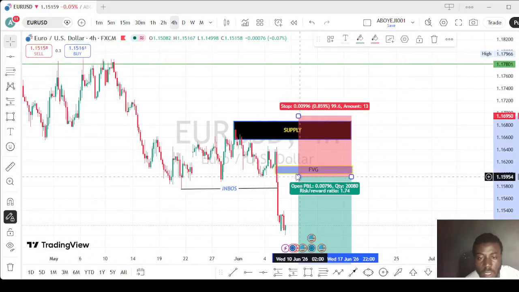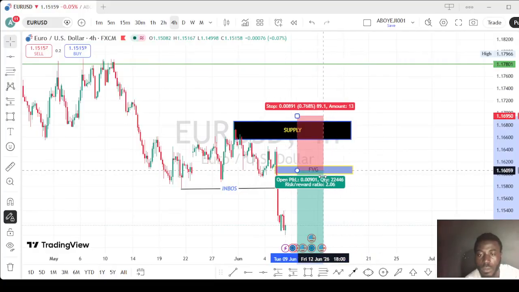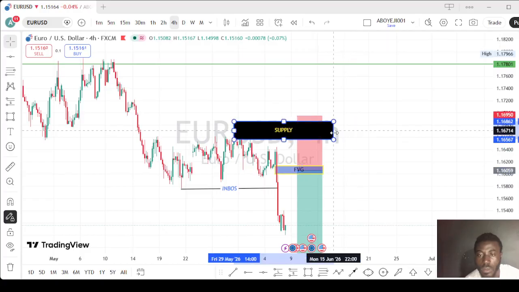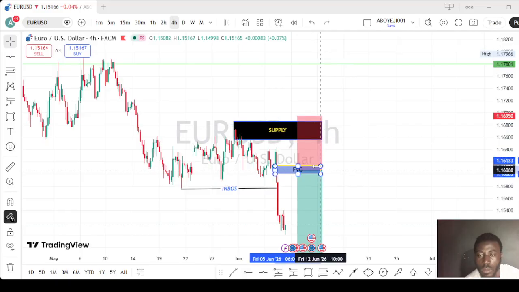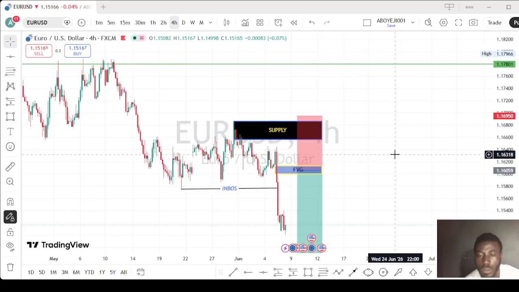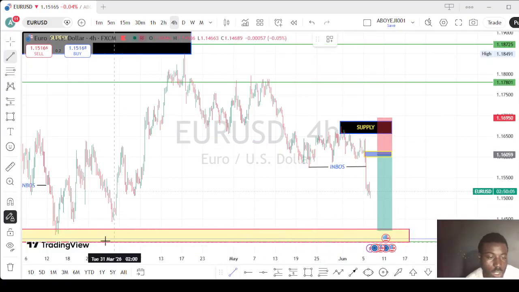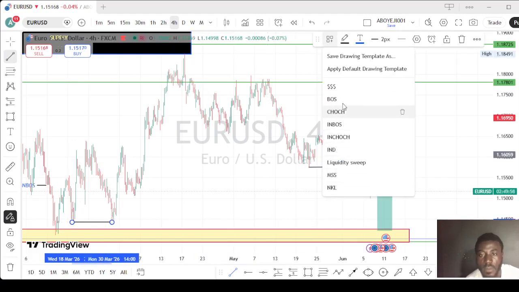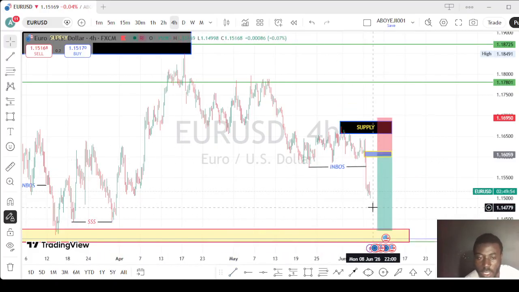This is an FVG over here. And we are expecting another sell. And this is what? This is a liquidity here. There is liquidity down, so definitely we are expecting another sell.